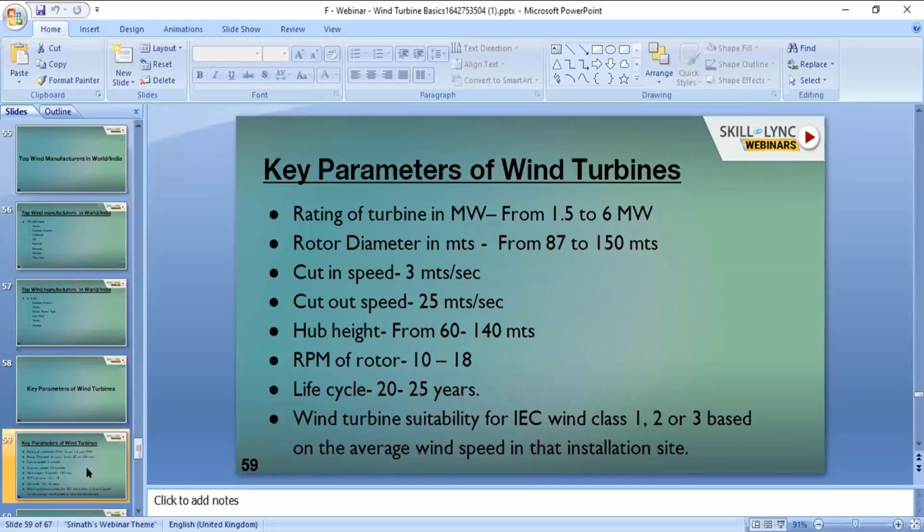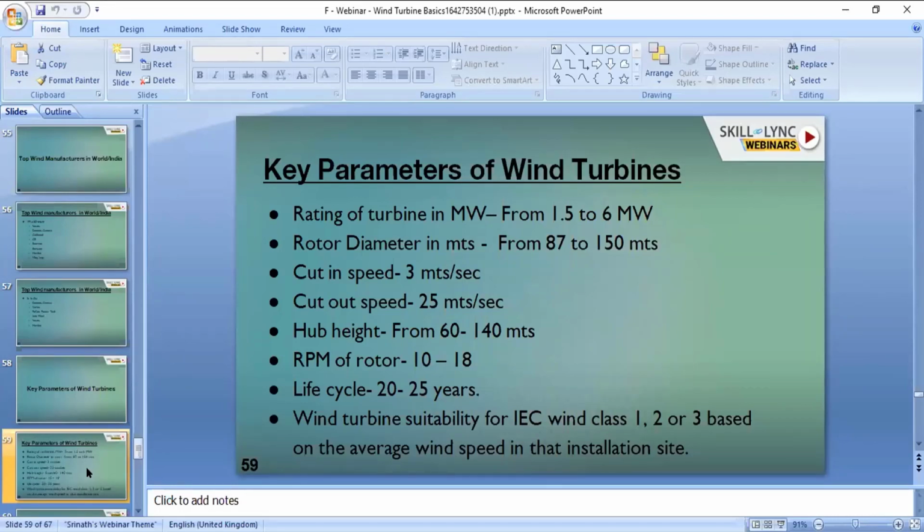Then what is the cut-in speed? Cut-in speed for generally all wind turbines is around 3 meters per second. So cut-in speed is the minimum wind speed at which the wind turbine can start giving power. Then comes the cut-out speed.